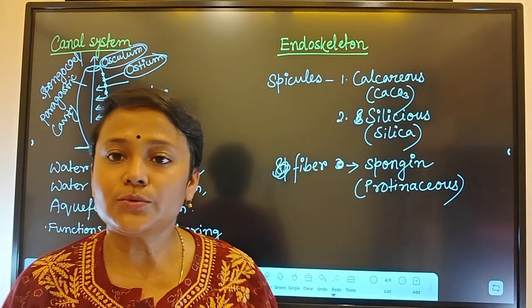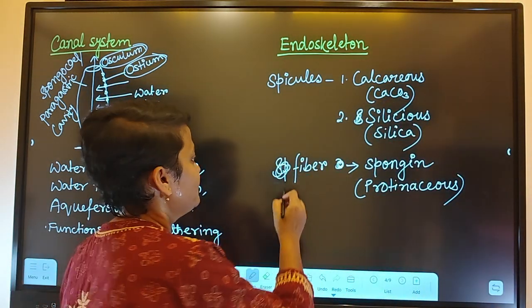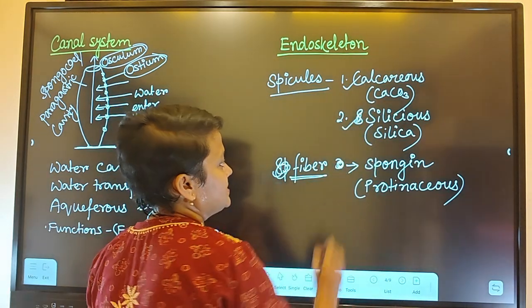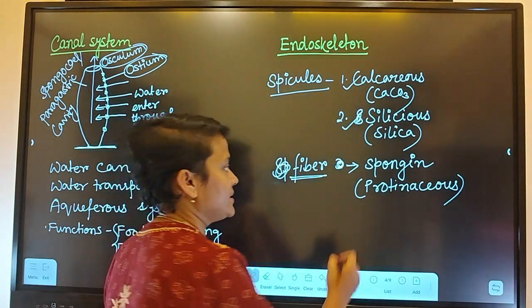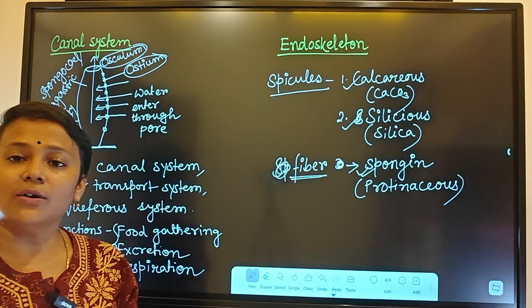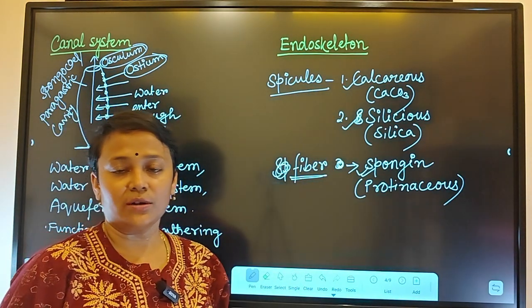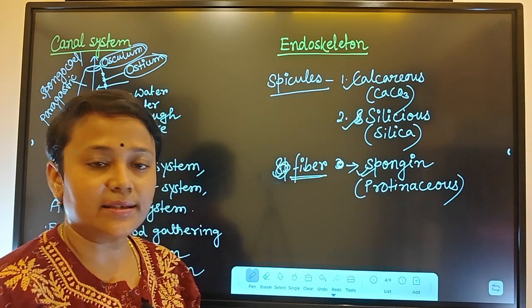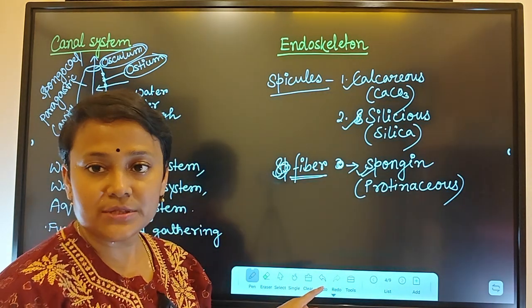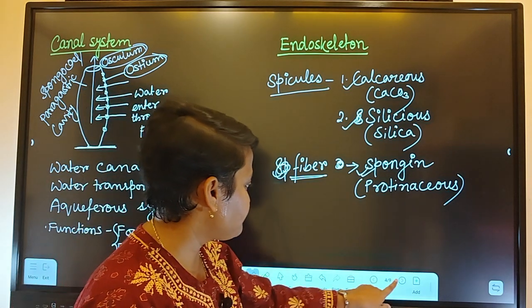So there are two kinds, spicule and fiber. Spicule may be calcareous or siliceous, and fiber is only one type, which is spongin. Either one will make the endoskeleton, and the sclerocytes will produce the endoskeleton. Okay.